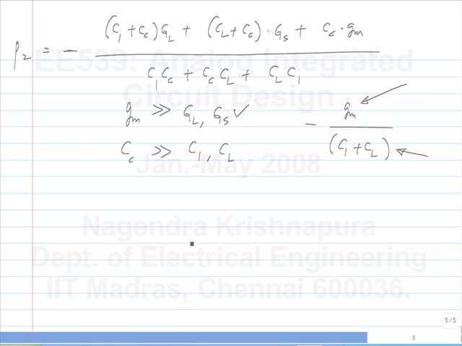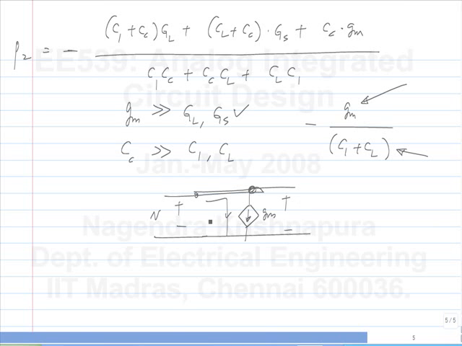So, what happens to the transconductance? If you have a transconductance Gm, this is the controlling node, this is the output. You short the controlling node to the output. What does it look like? If you have V here, Gm times V will flow. It looks like a conductance of Gm. Okay?